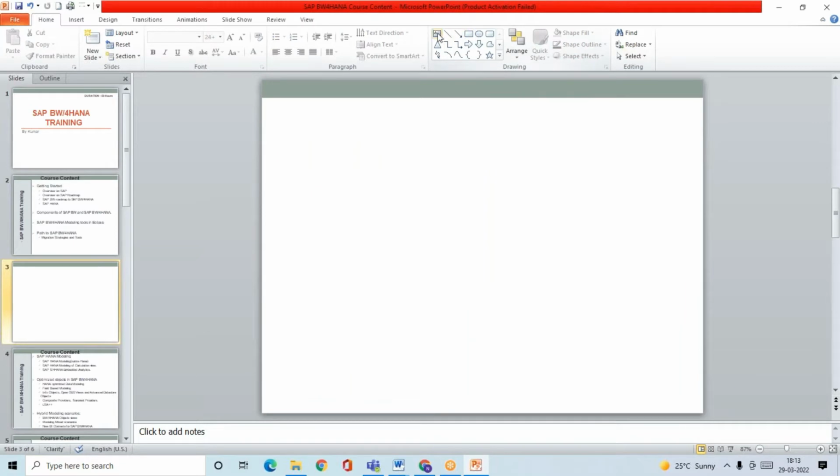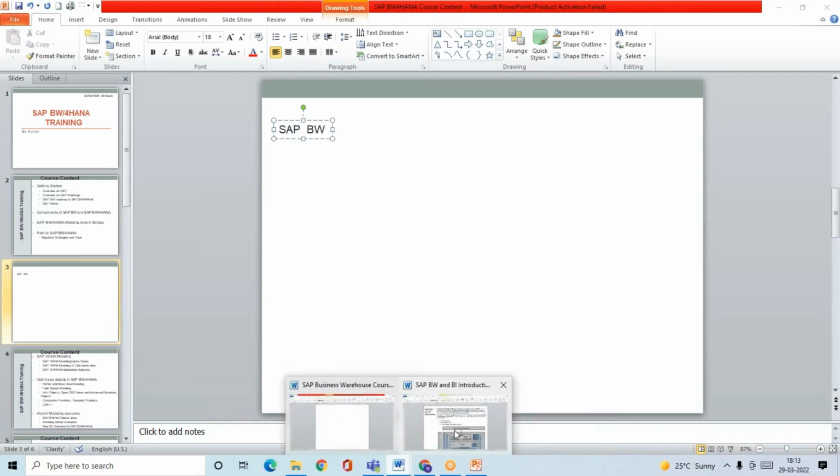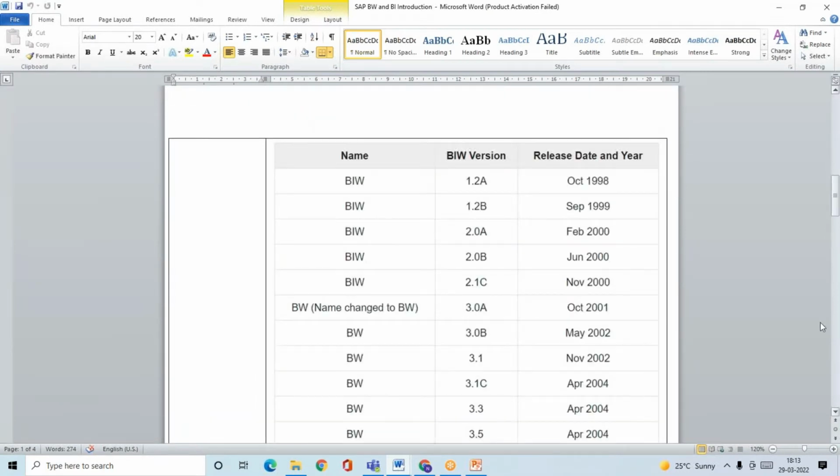If you see, SAP BW has started with a version called 2.1a in 1998. Okay, then slowly, because it's the initial product, after that they have started enhancing the product.